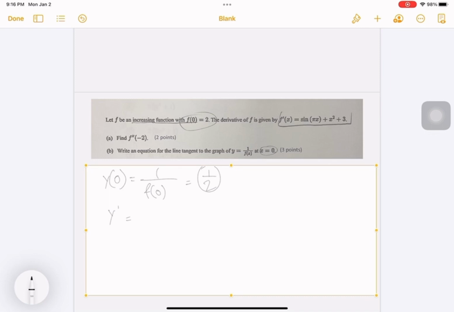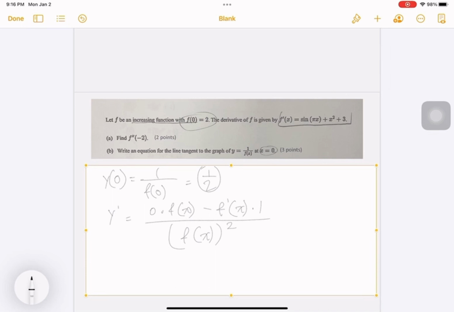So y prime is equal to, we're going to have to do quotient rule here. So quotient rule, we find the derivative of 1, which is 0, times f of x, minus f prime of x, right, times 1, which is just f prime of x by itself, and then the denominator gets squared.